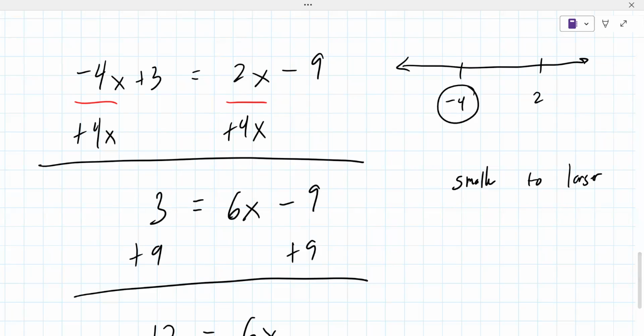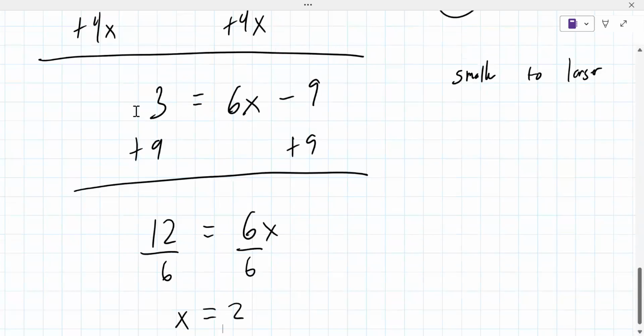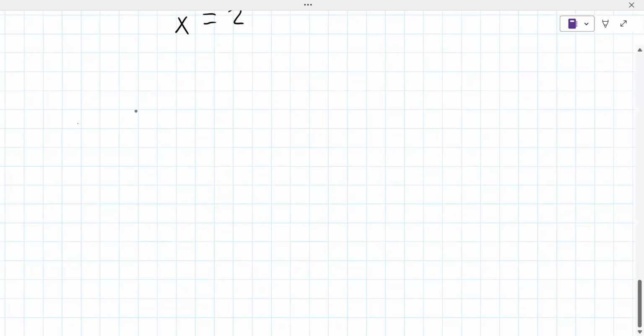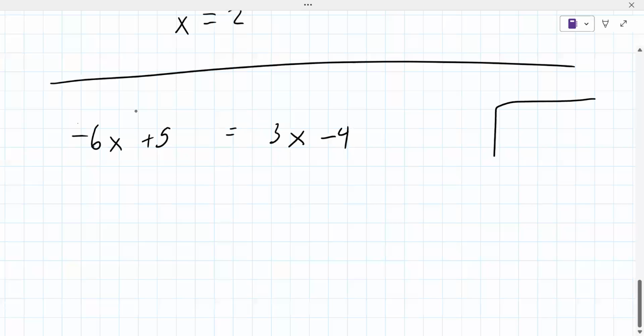Let's go. So I'm going to put a problem in front of you now, and we'll see. So this is minus 6x plus 5 equals 3x minus 4. So this is really, really similar to the previous one. I just want your final answer.